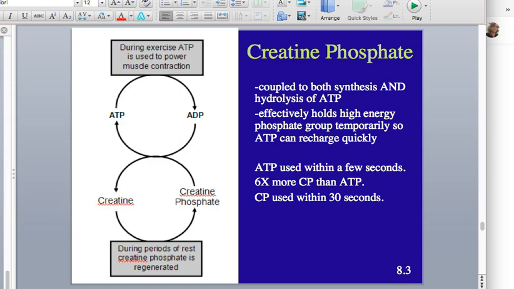A lot of times when people are seeing a big change, it's actually because they're just drinking a lot of water, and water is used for lots of other things. It's actually used in the production of ATP also. It's complicated. We're not going to go into it very much, but creatine phosphate is basically another energy reserve that our muscles hang on to.